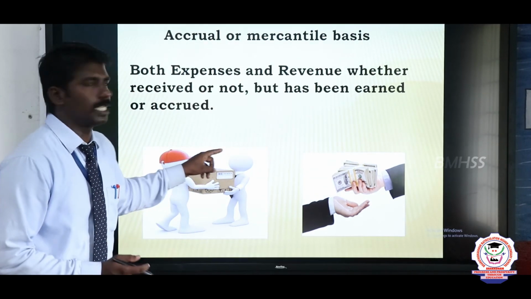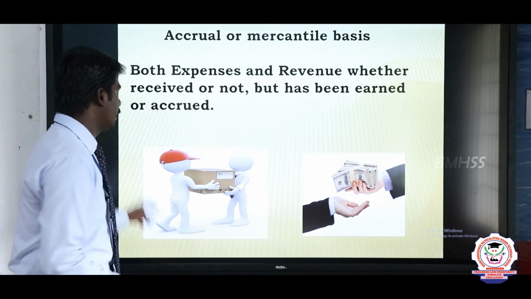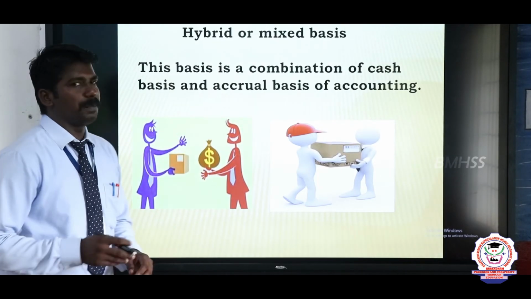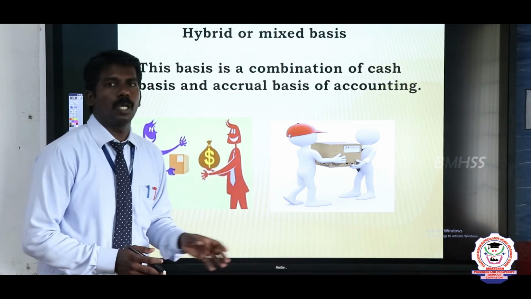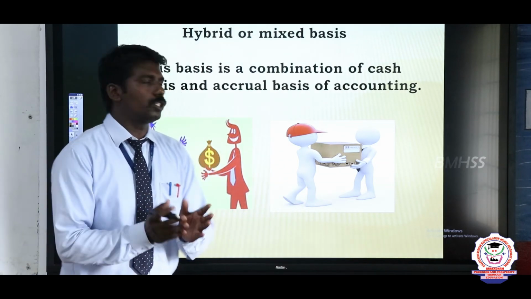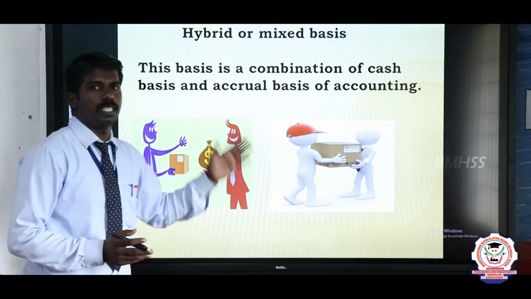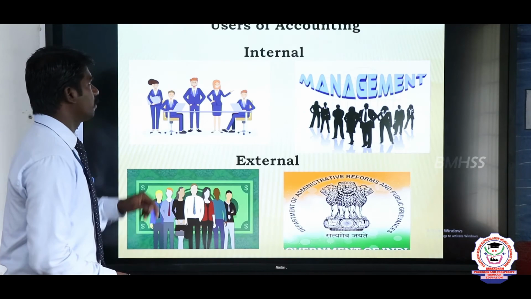This is called accrual or mercantile basis. See the next one, hybrid or mixed basis. In hybrid or mixed basis, both cash basis and accrual basis are followed. This is called hybrid or mixed basis.